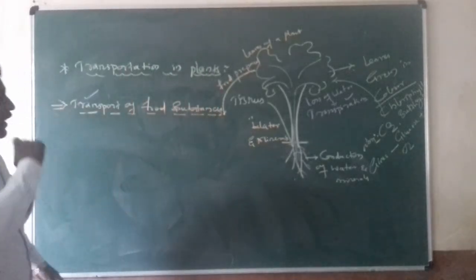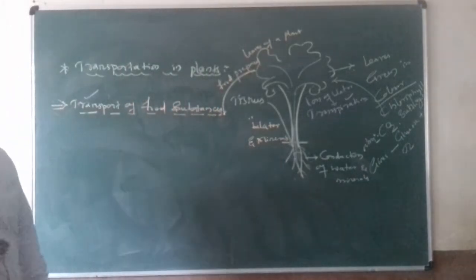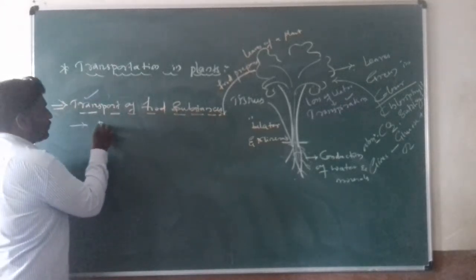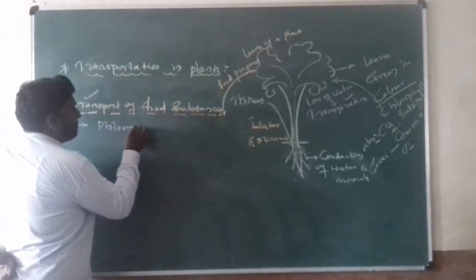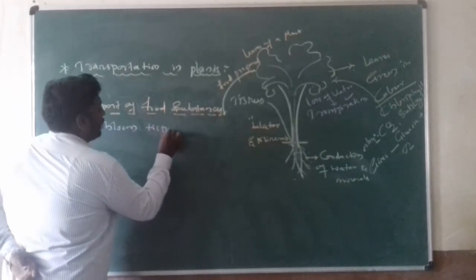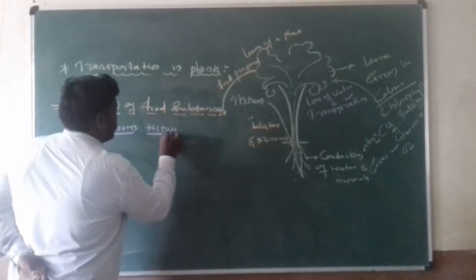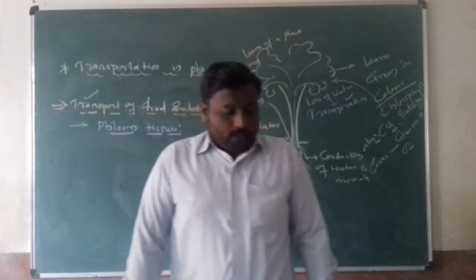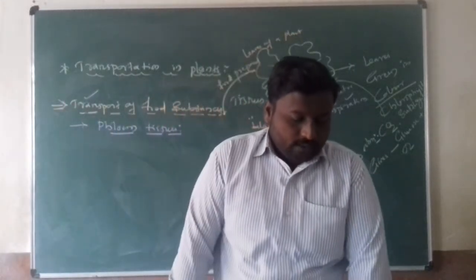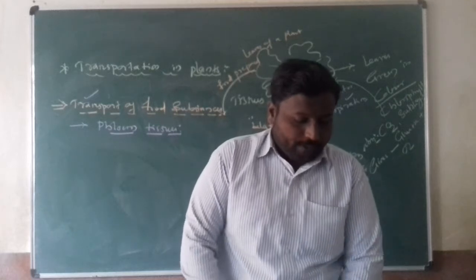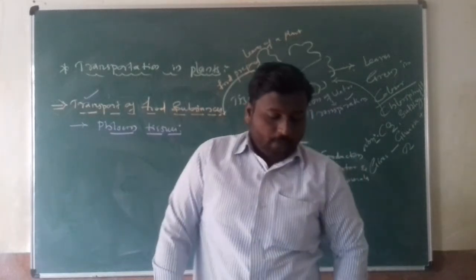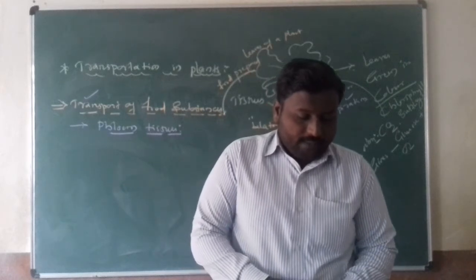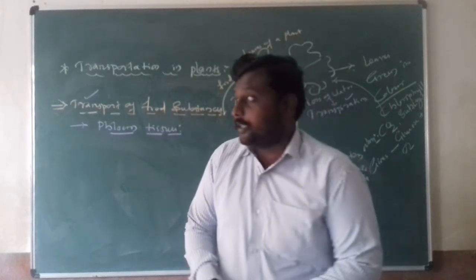Yes, we already know how the process of transportation of food takes place with the help of phloem tissues. Observe the movement of soluble products, that means sugar, the byproduct of photosynthesis, to other parts of the plant, which is termed as translocation.